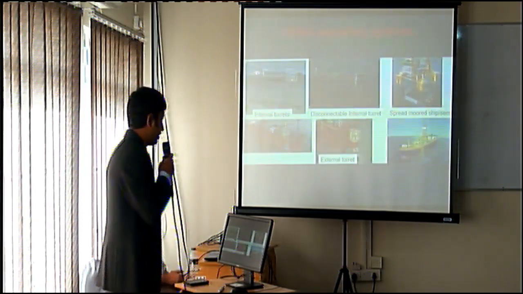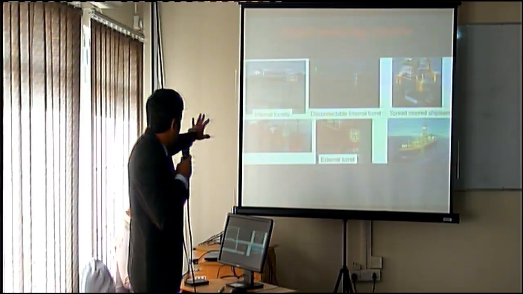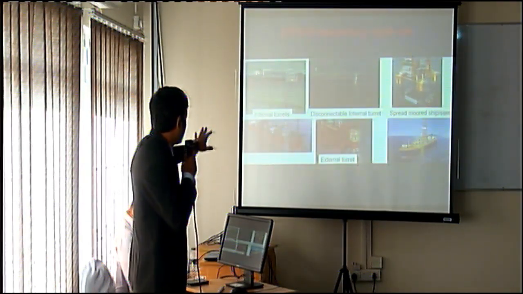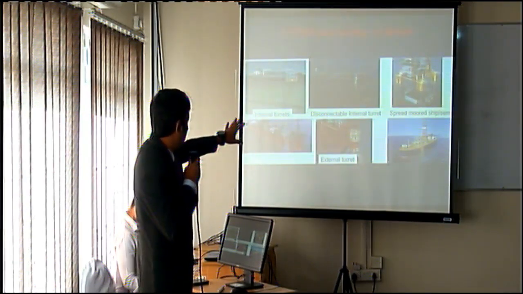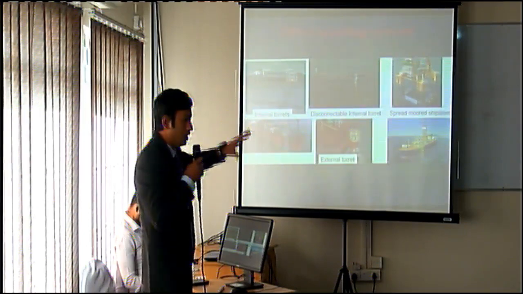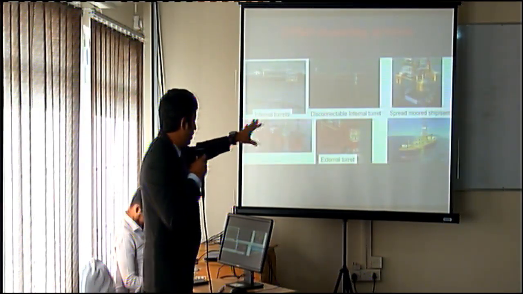Just to give you some idea what I am talking about, here in the left corner you can see the FPSO that is connected with an internal turret. In the middle is a disconnectable internal turret, meaning the turret where all the mooring lines are connected can be detached.